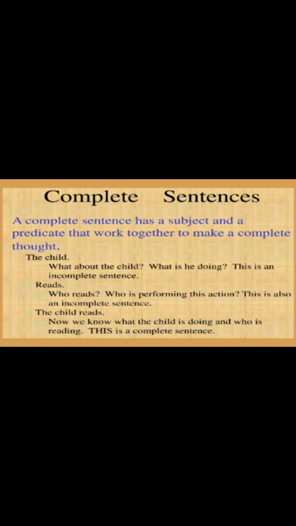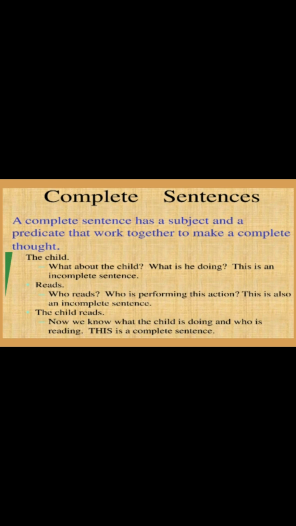Another slide with complete sentences. A complete sentence has a subject and a predicate that work together to make a complete thought. Like in the sentence, the child. What about the child? What is he doing? This is an incomplete sentence.